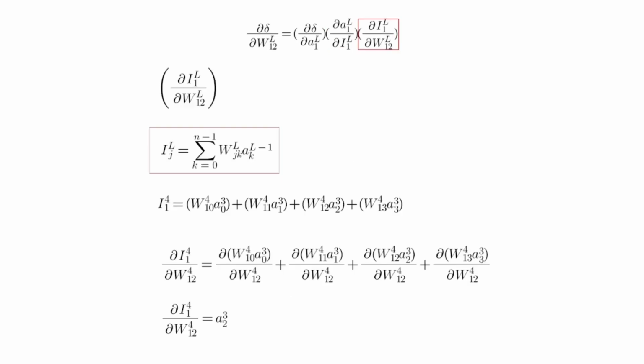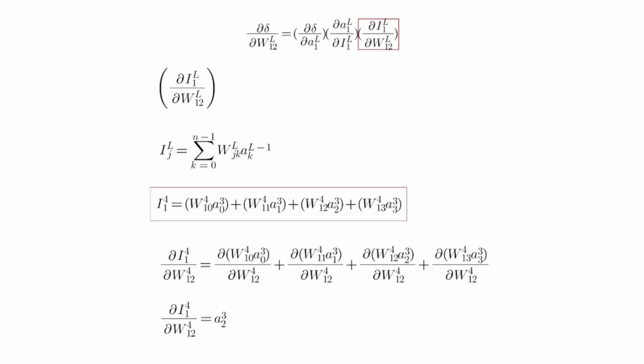Now for the final term, we'll have the derivative of the input into node 1 in layer L with respect to our weight. We know that the input into a node in layer L can be expressed as the summation of the weights in the connections between all the nodes in layer L-1 multiplied by the activation outputs of these nodes.